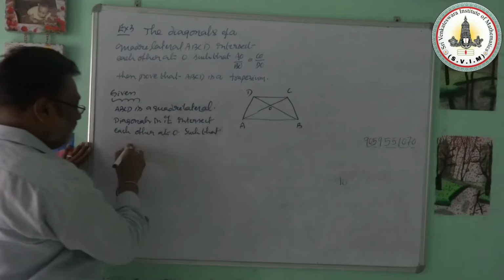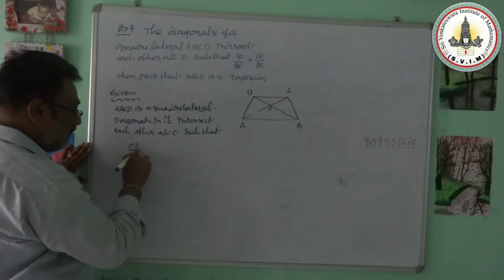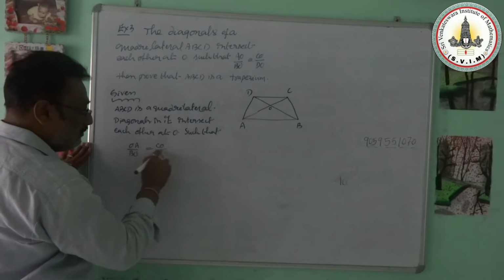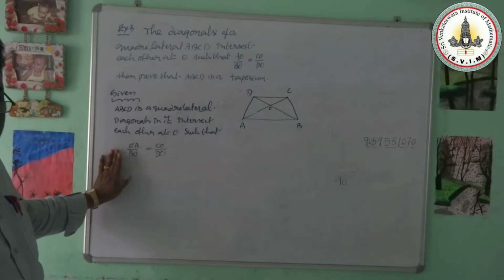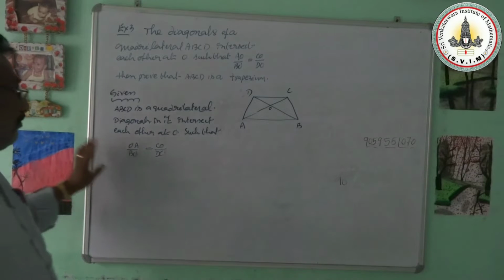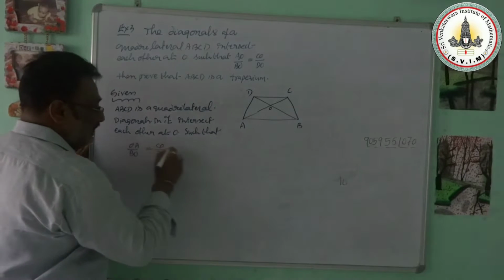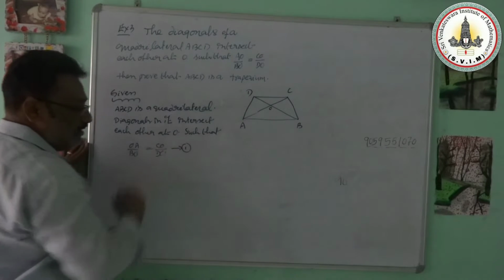Such that AO by BO is equal to CO by DO. So this is the information you have been given in the problem. Here I am taking this one as equation 1.